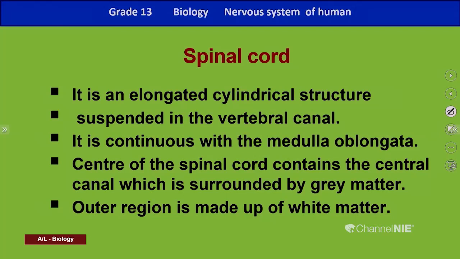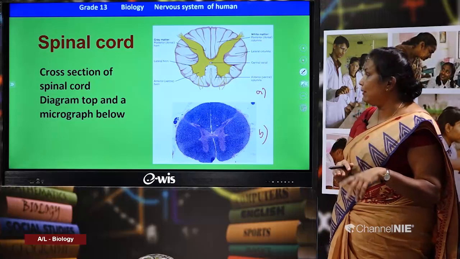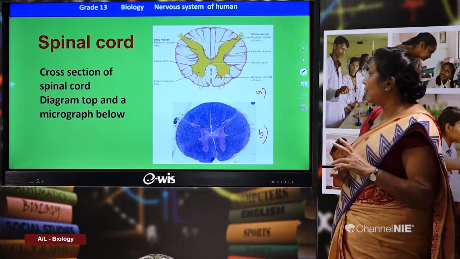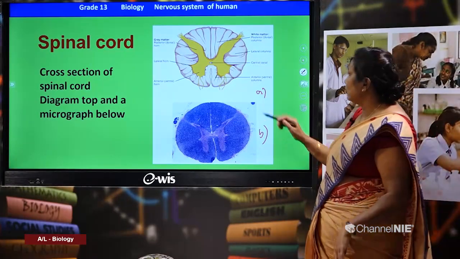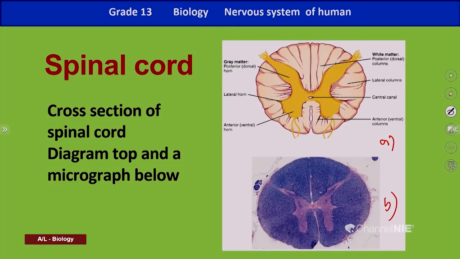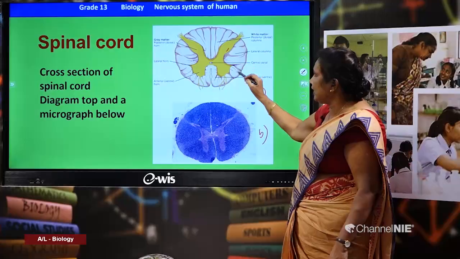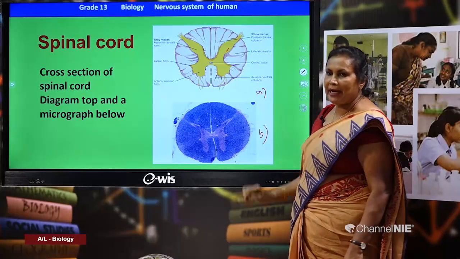The center of the spinal cord contains the central canal, which is surrounded by grey matter. The outer region is made up of white matter. I will show you how grey matter and white matter are arranged. See this diagram. This H-shaped region is the grey matter.